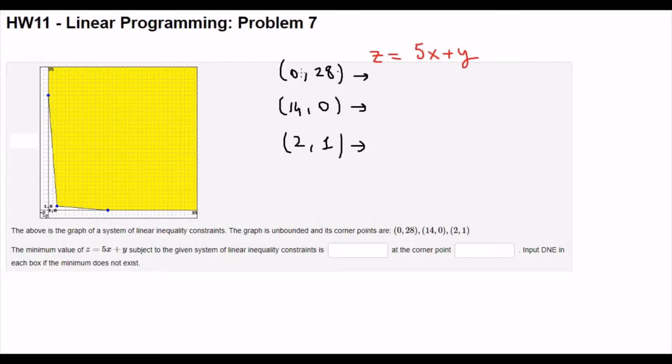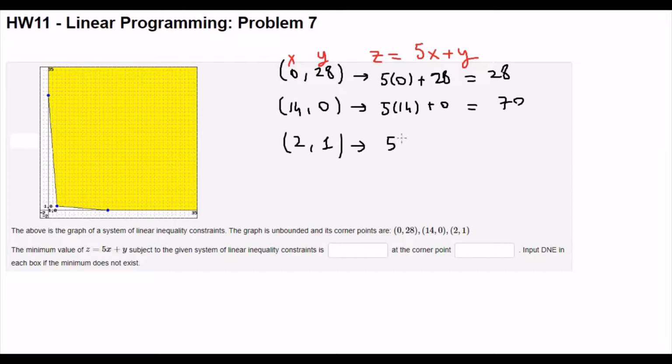So we're going to compute the value of the objective function at each corner. Our x value here is 0 and our y value is 28. 5 times 0 plus 28 is equal to 28. And here 5 times 14 plus 0 is equal to 70.